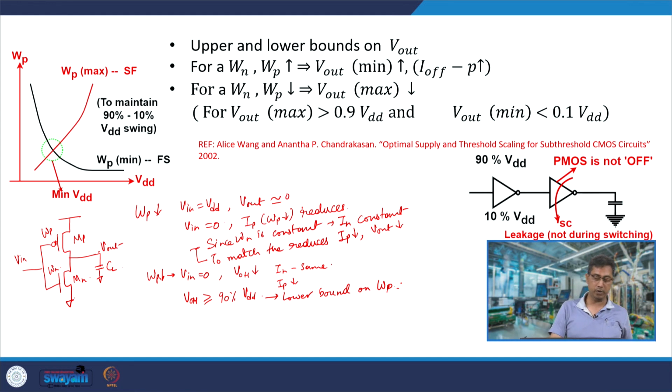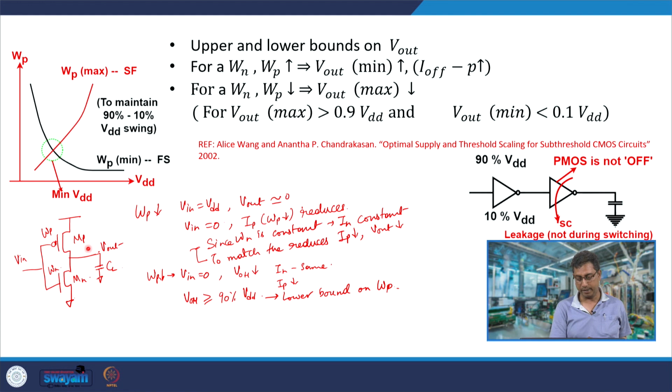Suppose you reduce the value of VDD. From our previous discussion, VOH would become even smaller, because the VSG of the P MOSFET is now smaller, and the current through the P MOSFET should again match the leakage current of the N MOSFET.